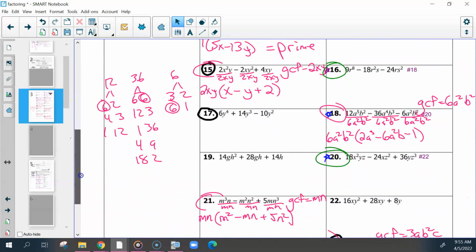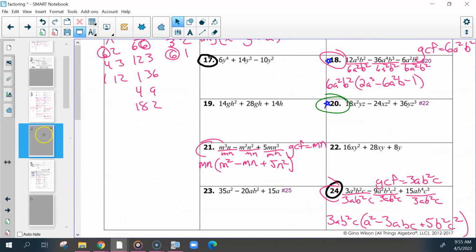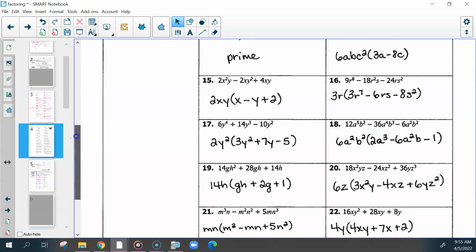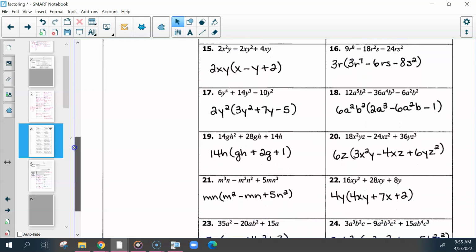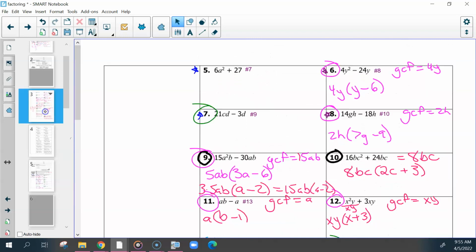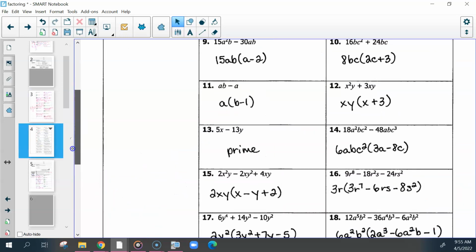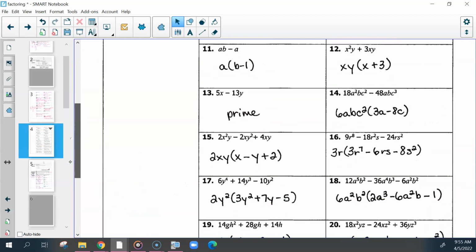7, 14, 16, 20. Number 7 was 3b, and then in parentheses, 7c minus 1. Number 14 was 6abc squared.